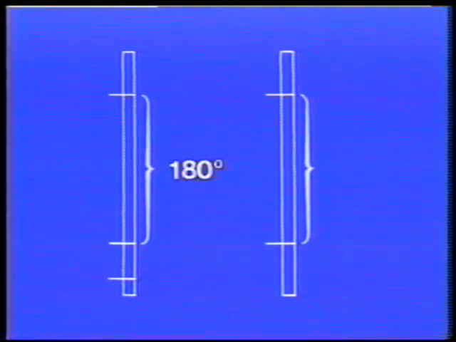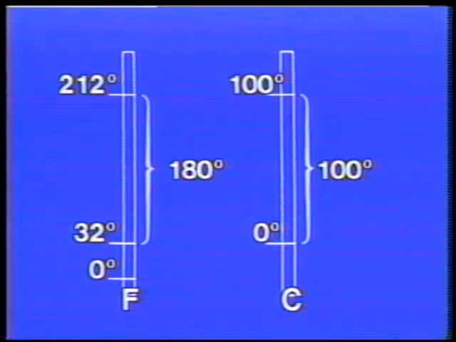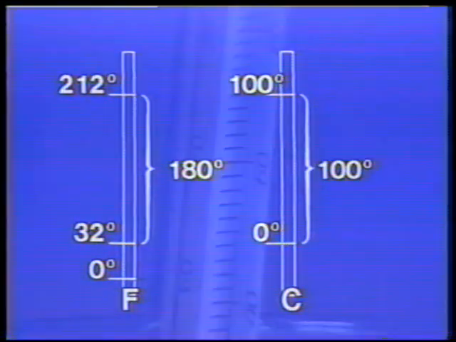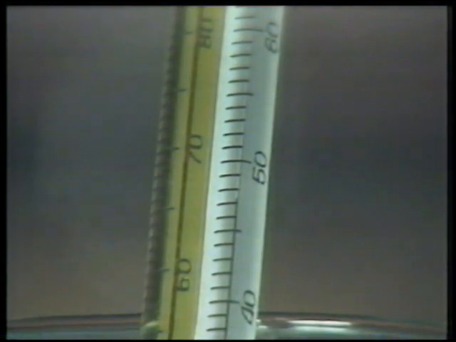There are 180 divisions or degrees between the freezing point and the boiling point of water on the Fahrenheit scale, and 100 degrees between the same 2 points on the Celsius scale. To convert a temperature reading from the Celsius scale to the Fahrenheit scale, remember there are 100 Celsius degrees in the same temperature range of 180 Fahrenheit degrees.